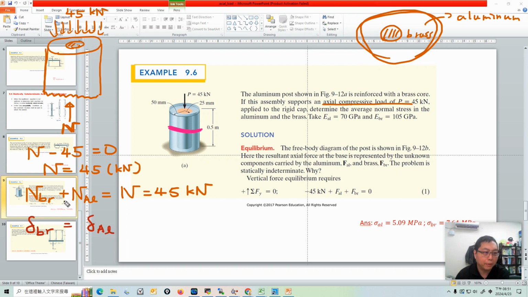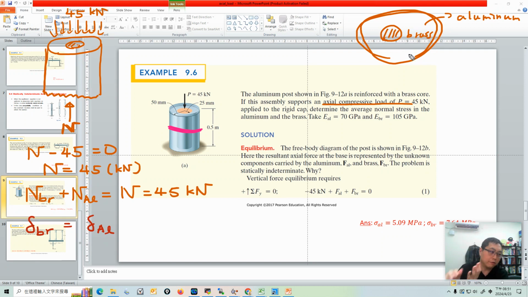I'm not sure you can imagine this: the external load compresses this coaxial bar, and it is compressed together, because these two materials must hold to each other.